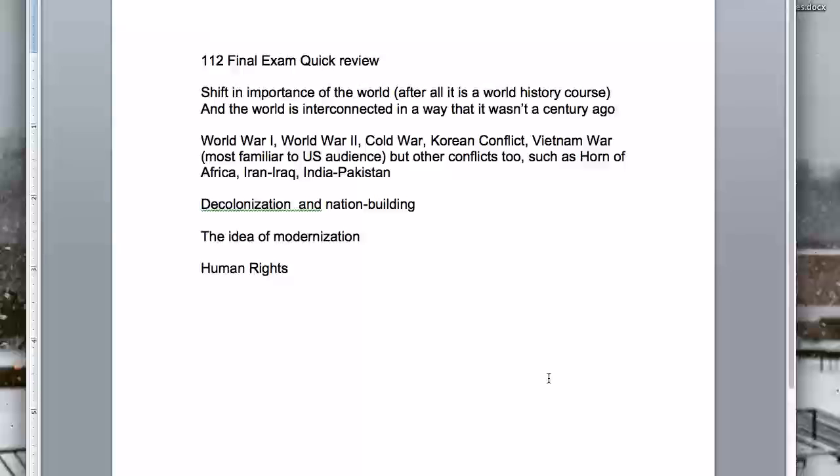The wars are now all global wars, World War I, World War II, etc. But there are still regional conflicts that are extremely important in the world, such as the Iran-Iraq conflict, the India-Pakistan conflicts. But these conflicts tend to be played out now on a world stage that involve all the world's nations and countries, and it's really hard to localize a conflict.